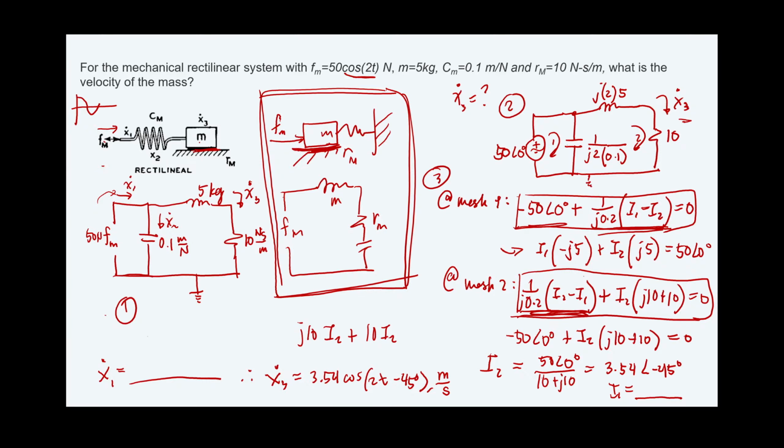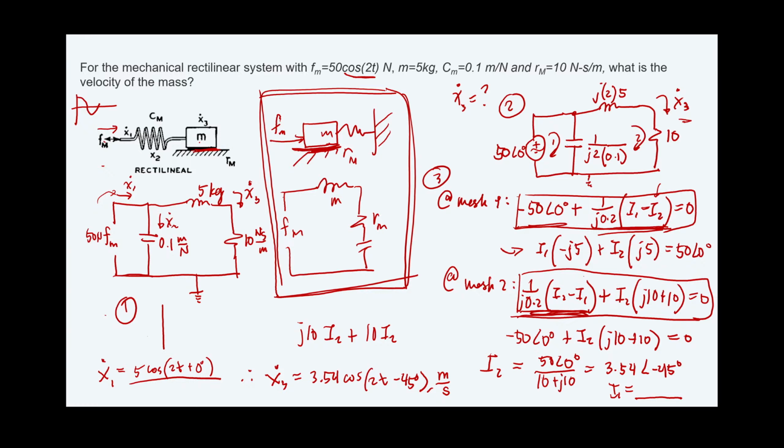Having solved I2, you replace I2 here in I1. So you have a value here, let's say 5 cosine. Obviously the angle here is 0, because it comes from the source, and from the source it should be angle 0, so plus 0 degrees.